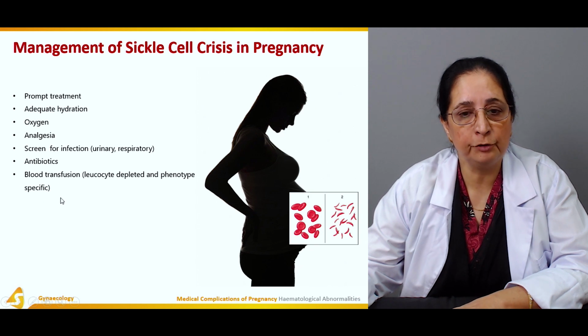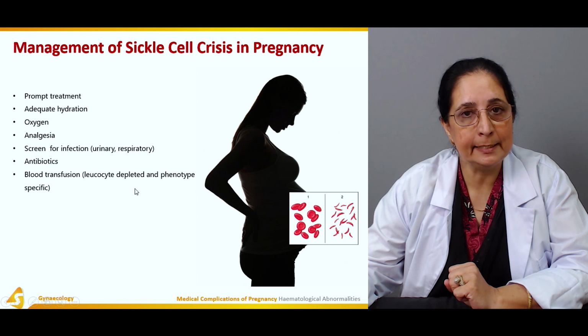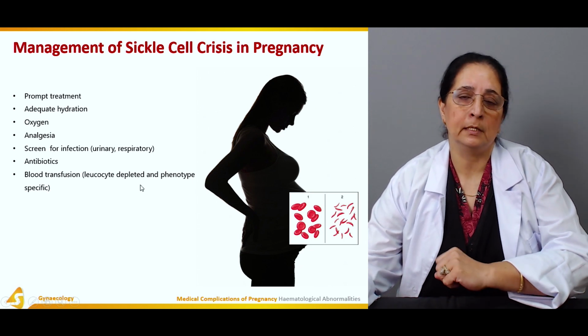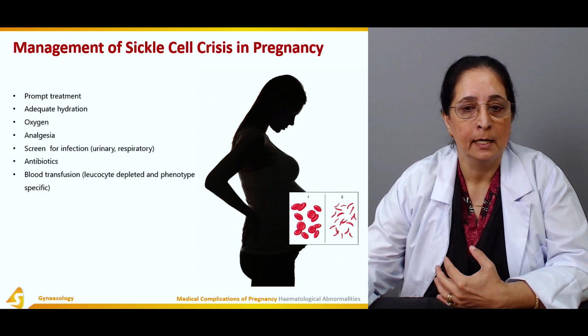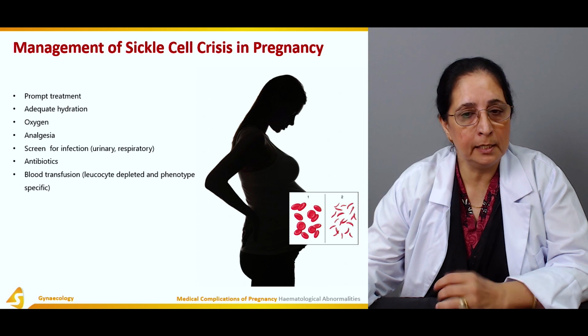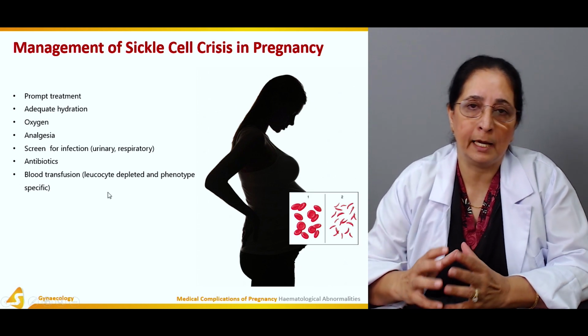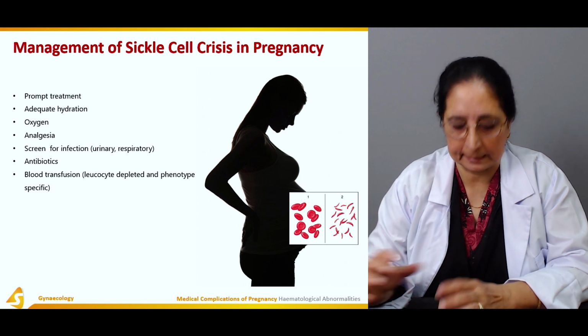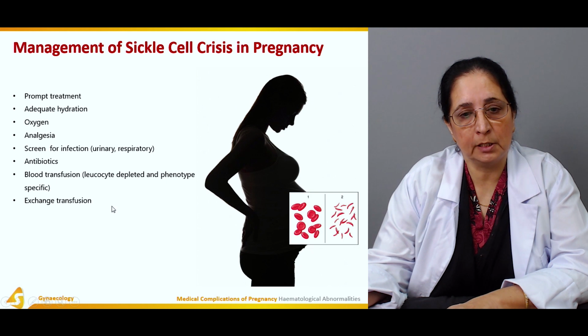Blood transfusions are given because of anemia, leukocyte depleted and phenotype specific. Leukocytes are white blood cells. We do not need white blood cells, so the blood transfusions should have the red blood cells. Exchange transfusions are performed.